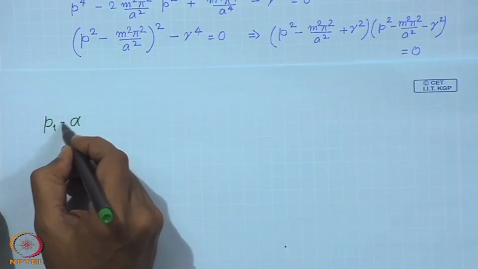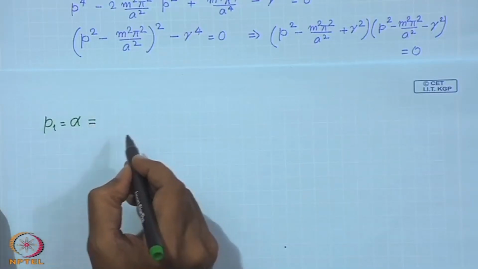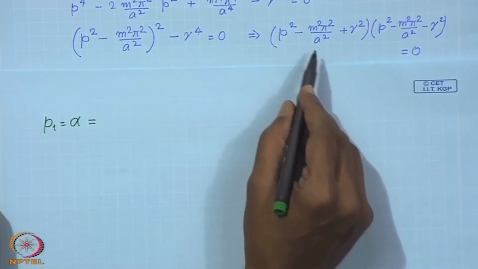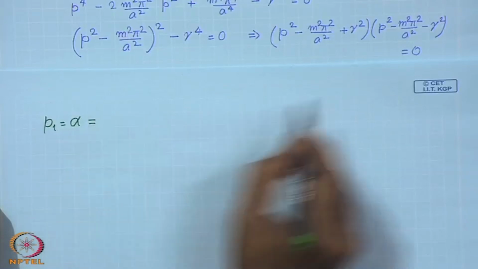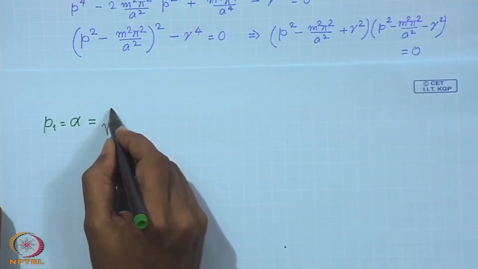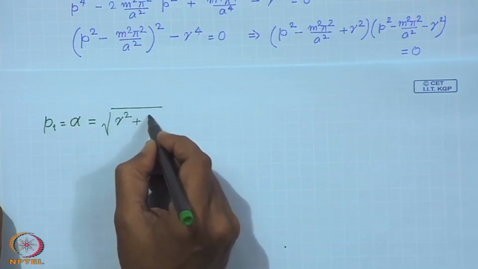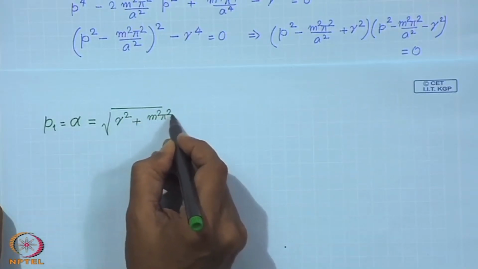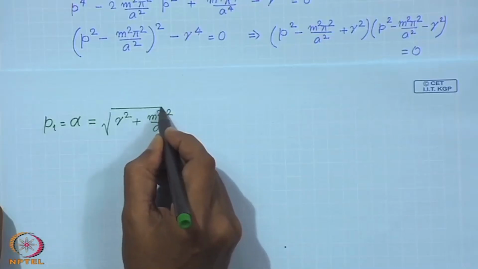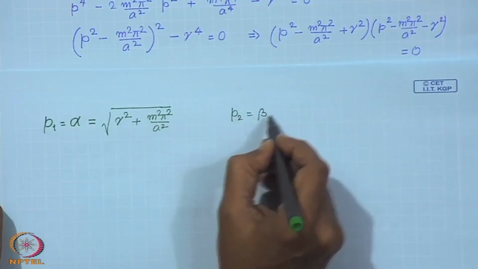So, P1 is alpha equals, so let me consider this, gamma square plus this, and P2 I will call as beta.